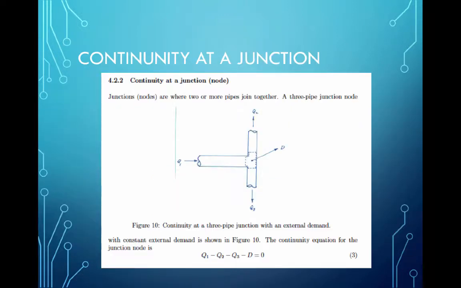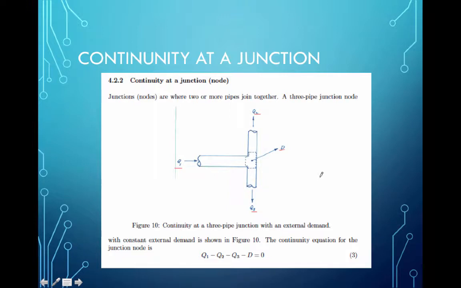When we get to a junction, so here's our junction right there. I'm showing Q1 coming in, Q2 leaving, and Q3 leaving along those three pipes, and an additional component that's leaving, which is D. And this is the demand at the junction.